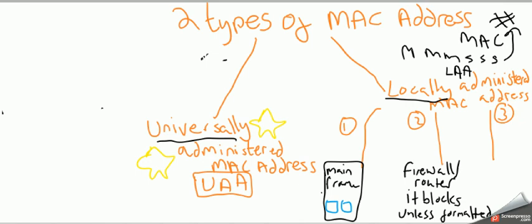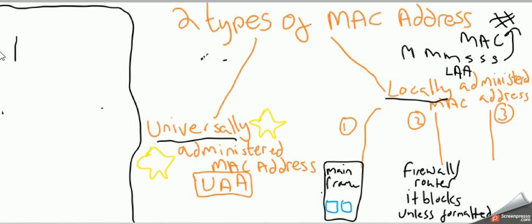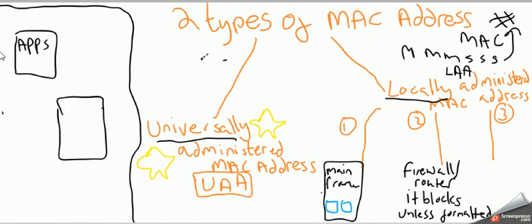Okay. So, let's imagine that I'm going to draw right now a computer network. In this computer network, you have a machine for apps. You have a machine for work. You have a machine for email.